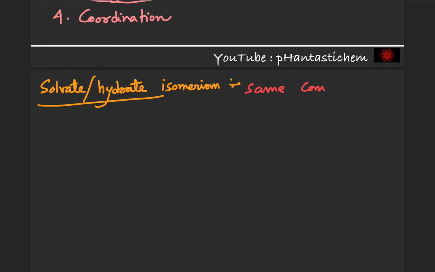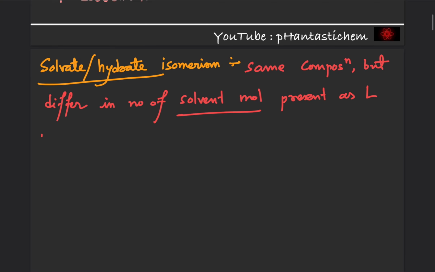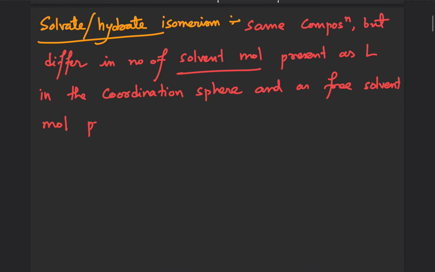They have the same composition, or the same formula, but differ in number of solvent molecules present as ligands in the coordination sphere and as free solvent molecules present outside the coordination sphere.